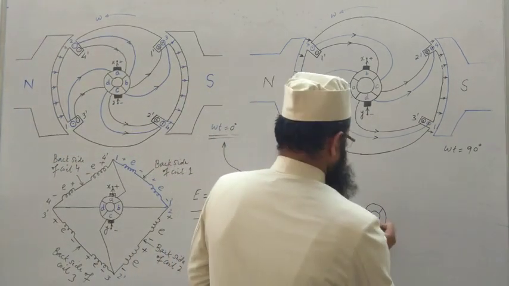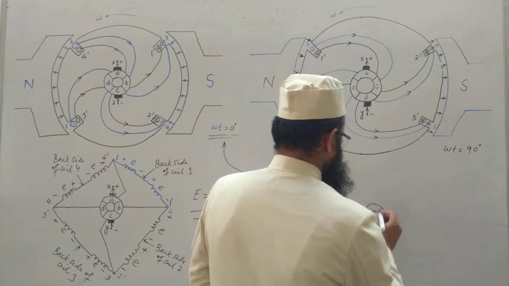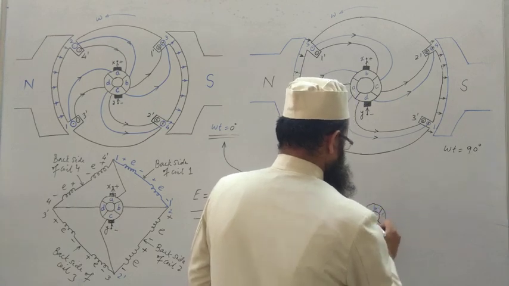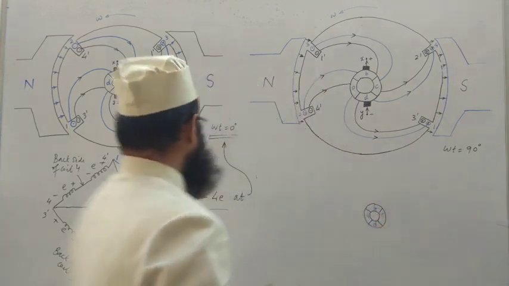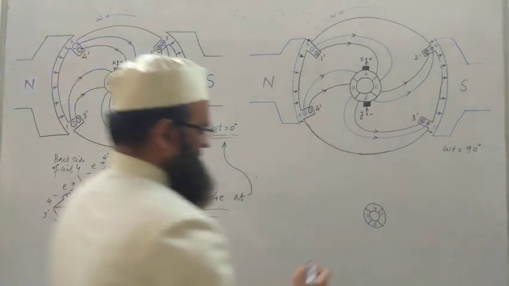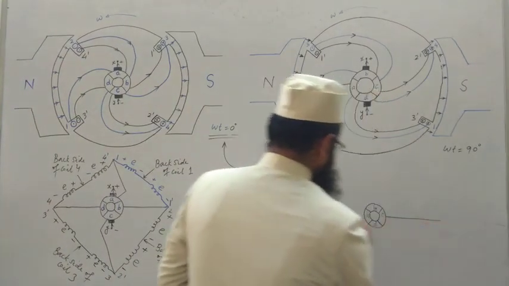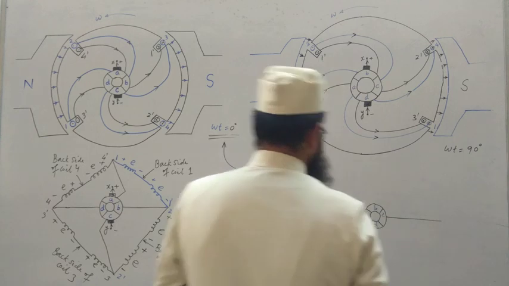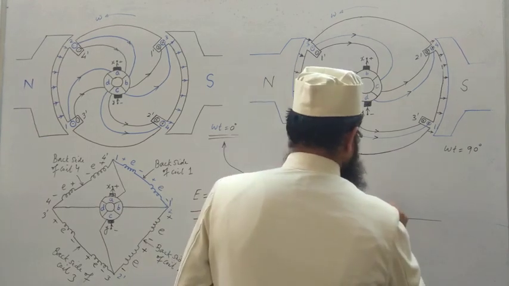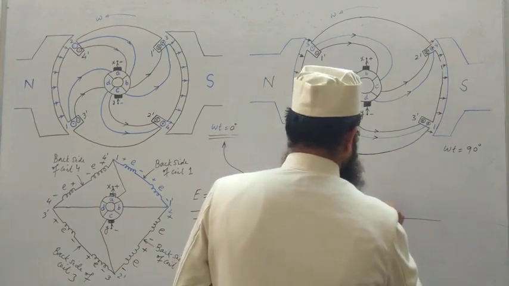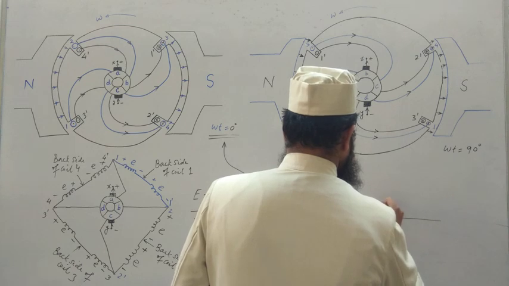Fine. Mark the commutator segment positions now, A, B, C and D. Make connections like this. Make carbon brushes. Brushes may be of carbon or graphite or a mixture of both.